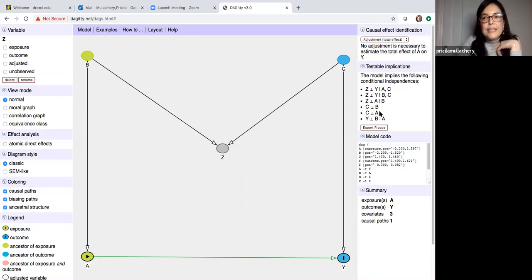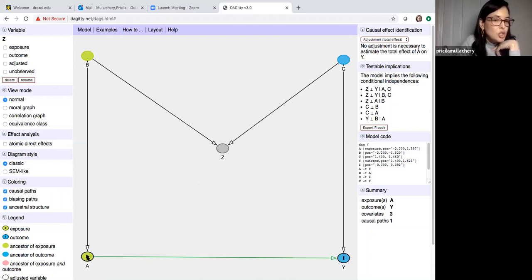For example, it says here that C is independent of A, right? Because there is no connection between C and A. Why is there no connection? Because Z is a collider, right? But what happens if I create an arrow?